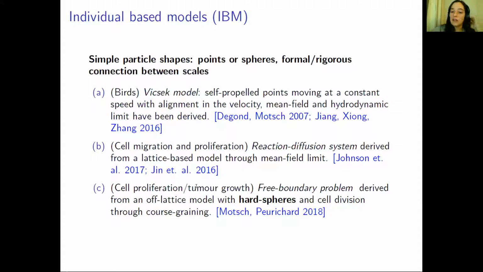An important reason for choosing simple cell shapes is that they allow us more easily to derive macroscopic models and have a connection between the different scales, which is important in these complex systems, to keep consistency between scales. This is our main philosophy for the modeling choices.